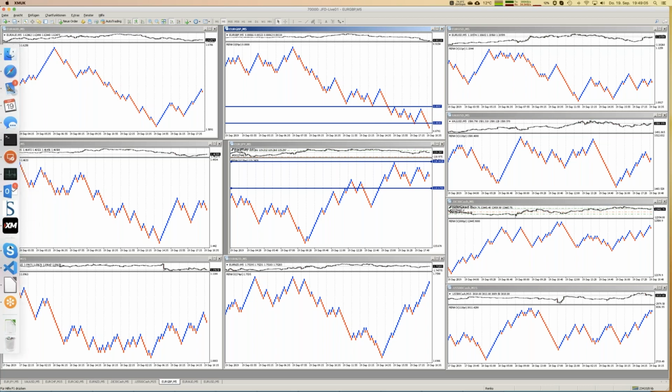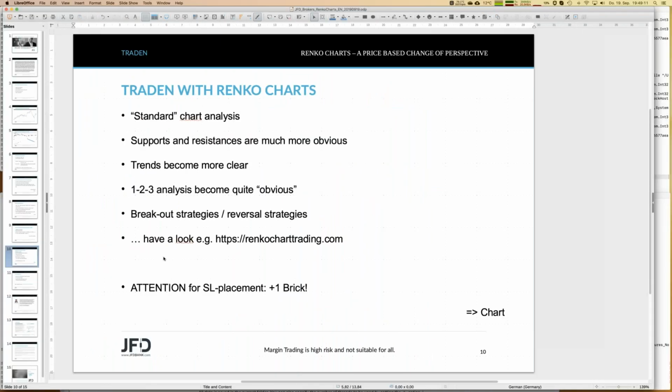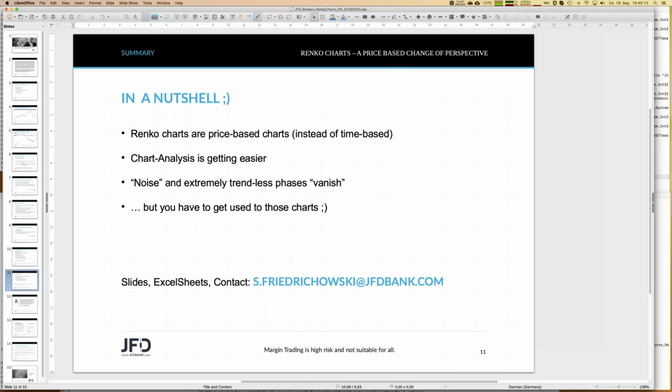Good. I hope I got you a little bit curious about Renko charts, because that is already bringing me to my summary. What you have always to keep in mind, Renko charts are price-based. Price movement is the only thing which matters and counts when it comes to Renko charts.